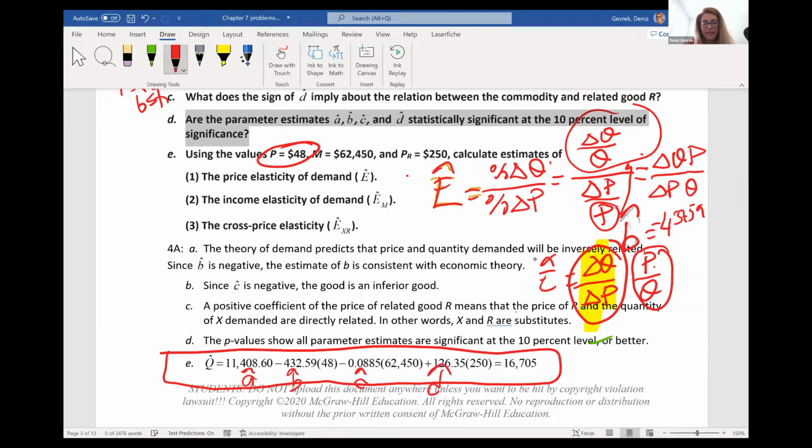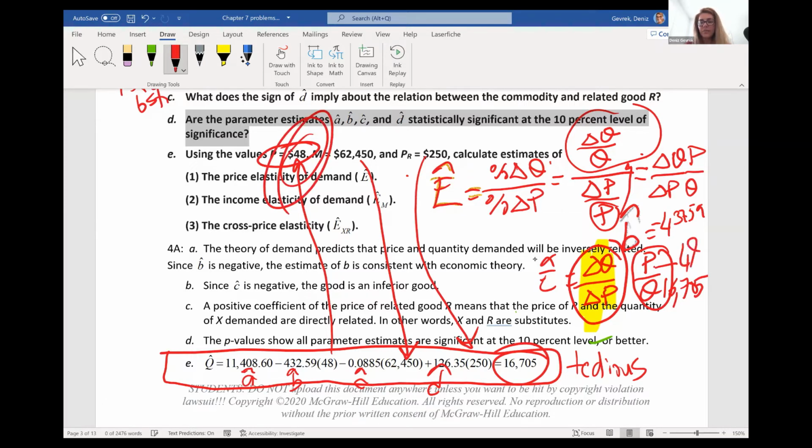And this P is giving us 48, M is giving us 62,450, PR 250. This is the only tedious part. Once you get 16,705, you just plug in 16,705, and for P we plug in 48. And that's pretty much it.